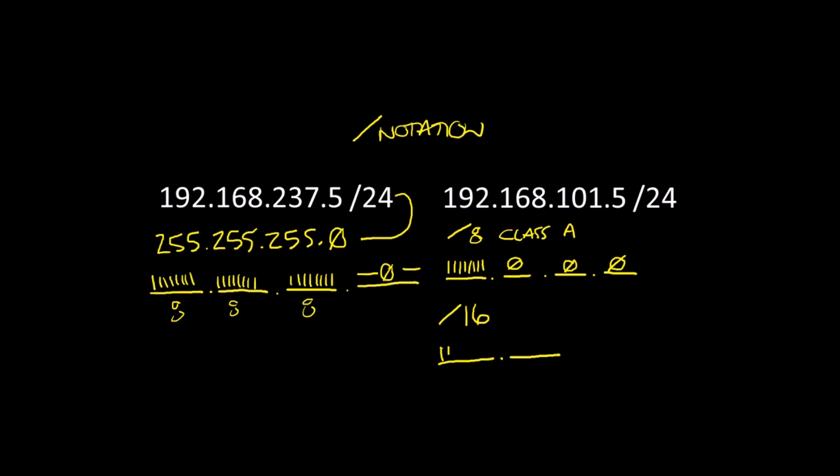That will populate the first 2, leaving the last 2 octets as zeros, also known as a Class B. So /24 is Class C, /8 is Class A, and /16 is Class B, and that is slash notation, just a shorthand way of indicating what a subnet mask is going to be.